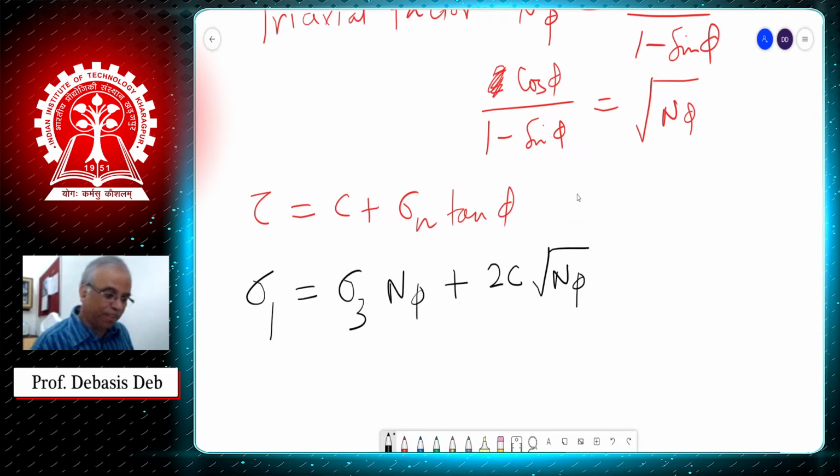I told you at the very beginning that a rock type material, which we normally call a cohesive frictional material, has two things you must overcome in order to break the rock. One, as I told you, is the friction between the particles like sand, silt, and clay particles.